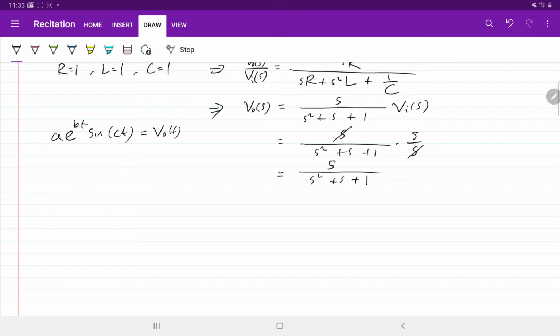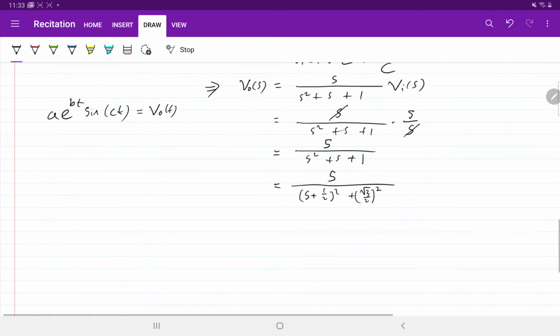Okay, this is nothing but you can write S plus 1 half squared plus square root of 3 over 2 squared. You can confirm that this denominator is equal to this form, S squared plus S plus 1.